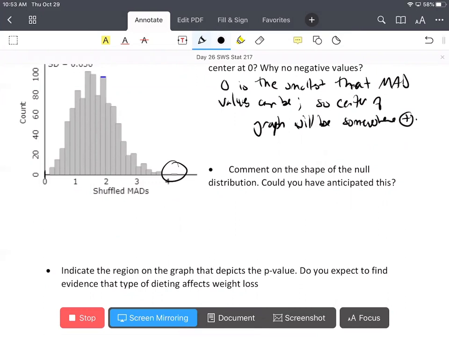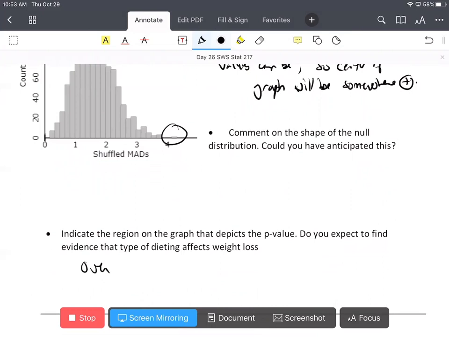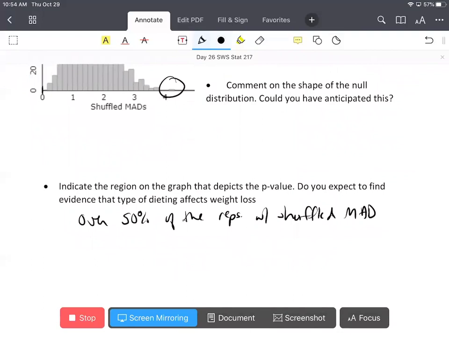Once again, indicate the region of the graph that depicts the p-value. Do you expect to find evidence that type of dieting affects weight loss? Well, we can see by just looking that over 50% of the repetitions with the shuffled mean absolute difference are as big or bigger than 1.369.